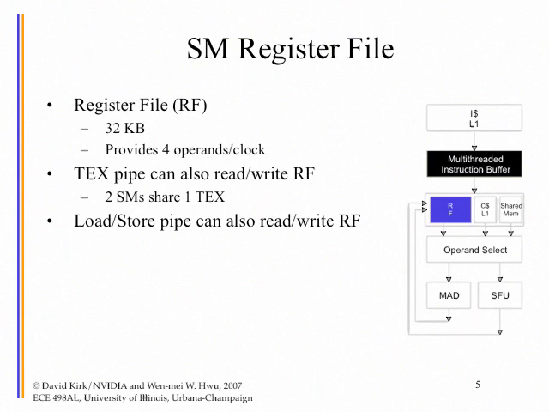How many registers do you think are available in x86? How many of you know? Okay, quite a few. 8. Okay, 8 registers per process. The CPU defines 8 general purpose registers.